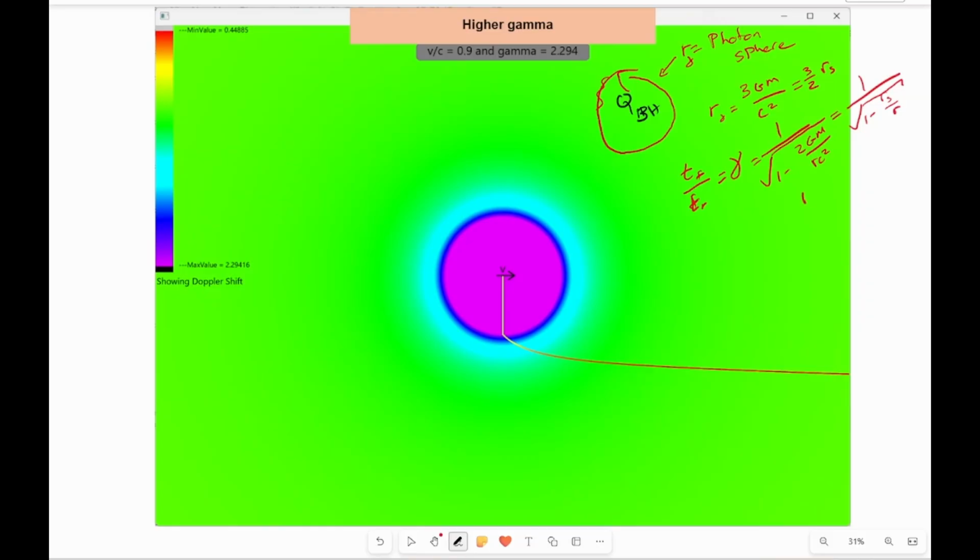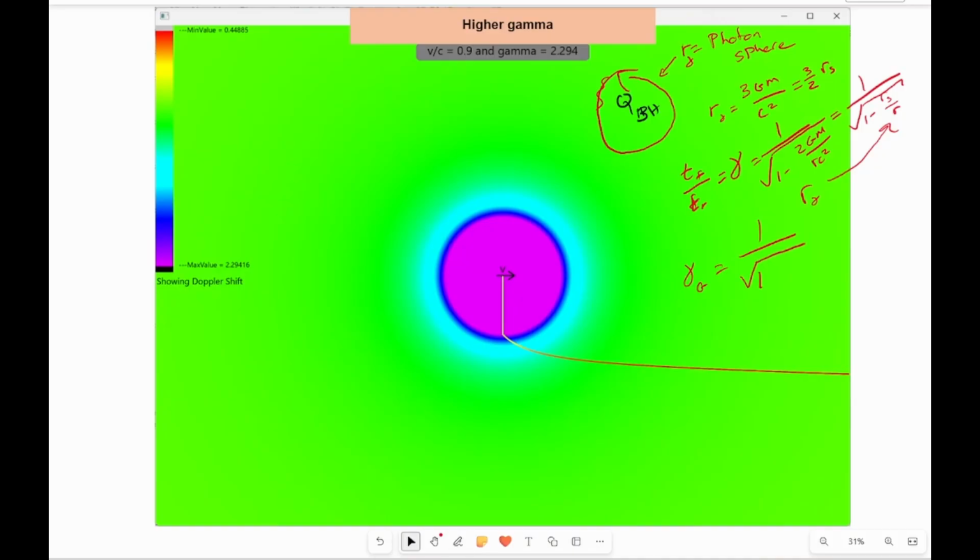So now if I'm interested in gamma for here, so gamma of gravity is equal to, right, so R is now 3 halves over RS.